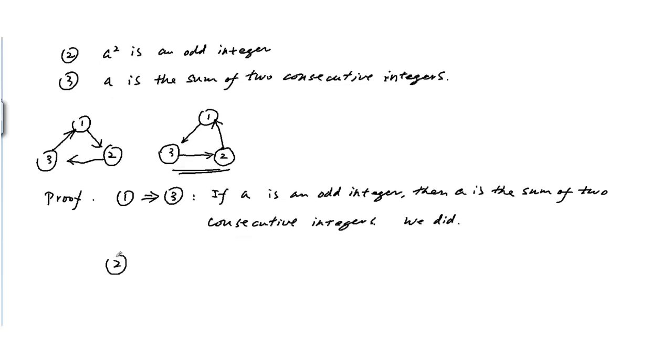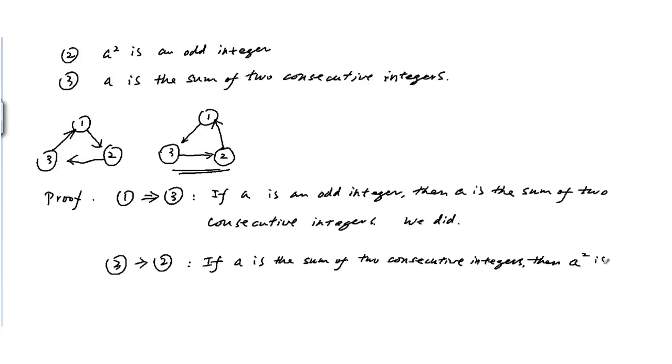And then from 3 to 2. So 3 is: a is the sum of 2 consecutive integers, then a squared is an odd integer.